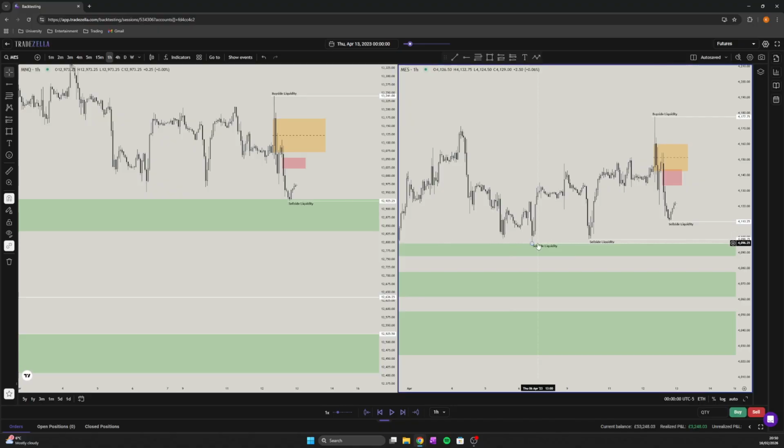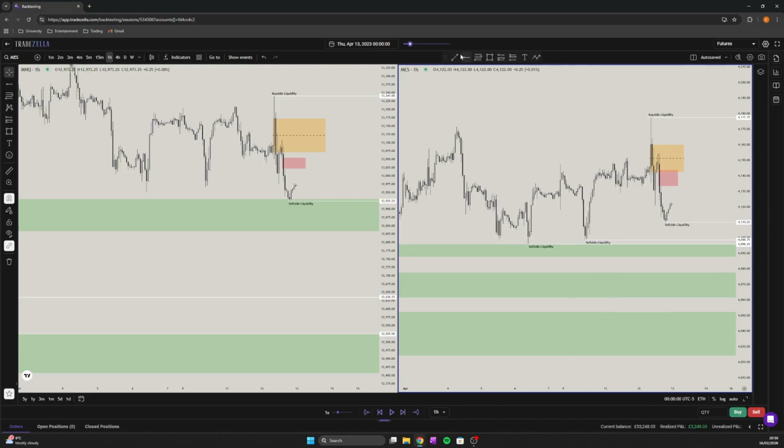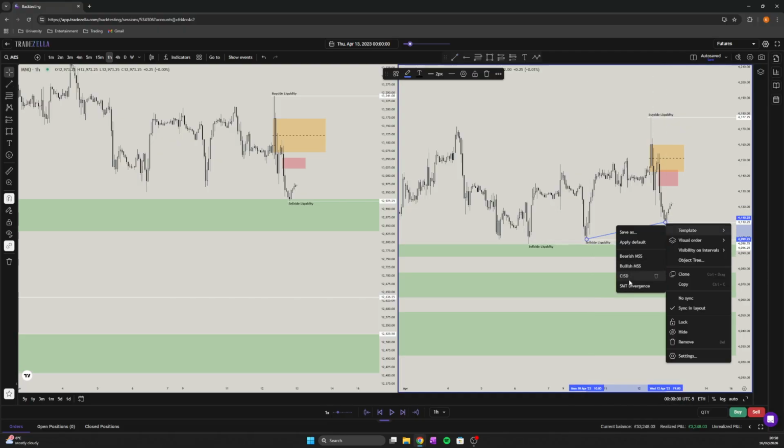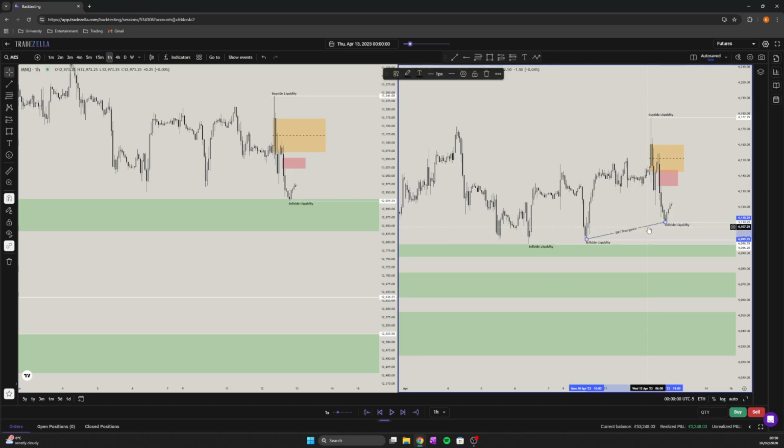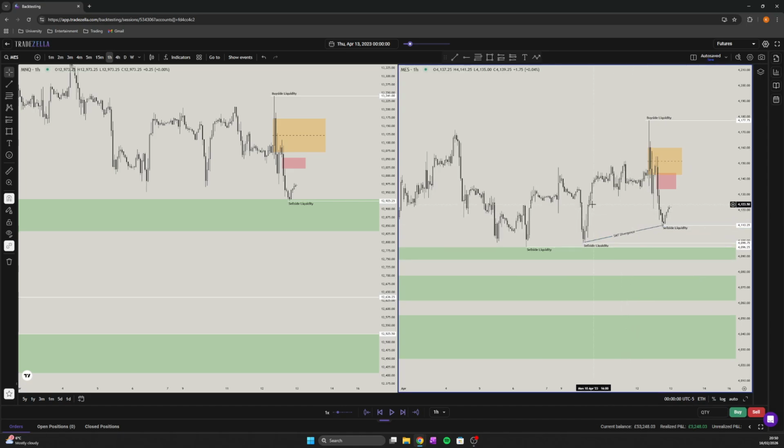Okay, what are we seeing here? Possible SMT. Are these the same? Yep. Let me draw out this line just for the annotation. Okay, cool.